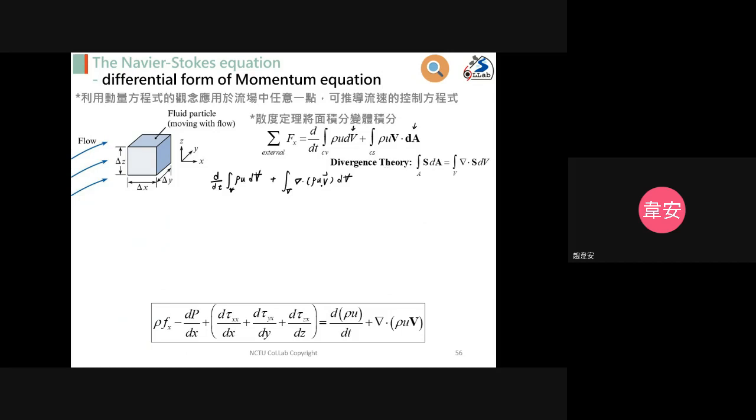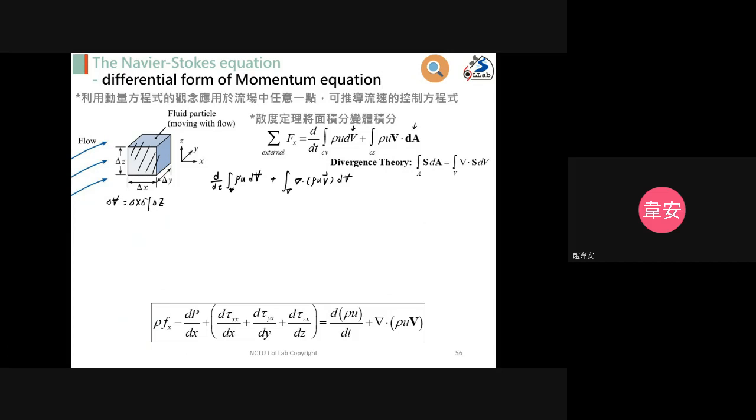Then if we go back to see our conditions, right now we only consider the small cube particle, so we don't need to deal with the integral, because we only have the small volume delta x, delta y, and delta z, which is our delta V volume.